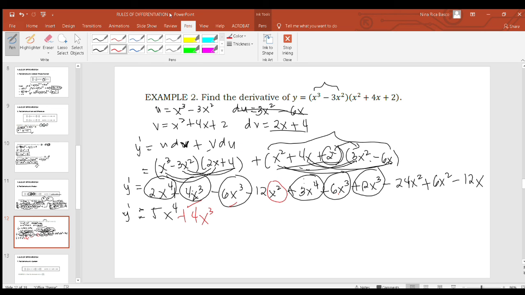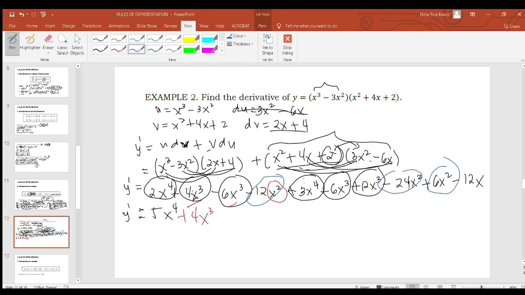And then the next is the one with x squared as the variable. Which are those? The negative 12x squared, the negative 24x squared, then the 6x squared. Let's combine those 3 terms. Negative 12 minus 24 is equal to negative 36.